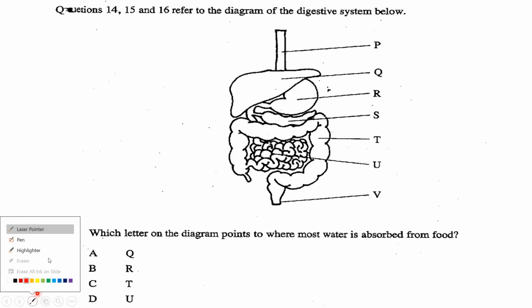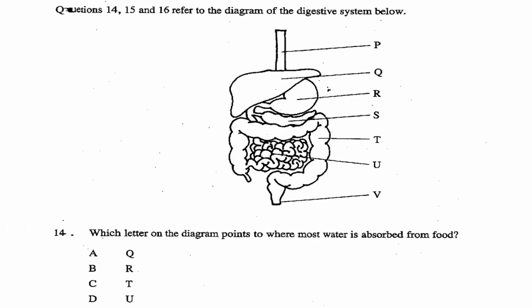No, not the small one. The large intestine. Yeah, the large. So most water is absorbed in the large intestine. Which letter is that? That's T, so it's going to be C. All right, that's the large intestine. So most water is absorbed in the large intestine.